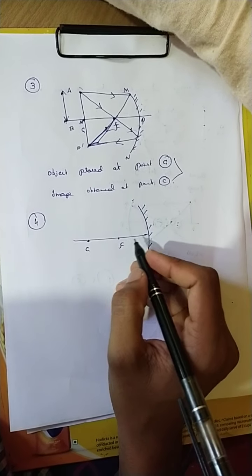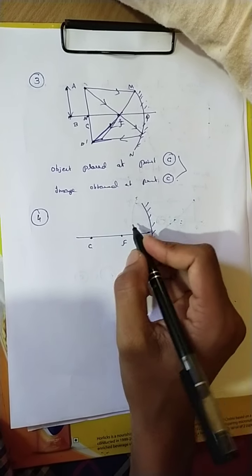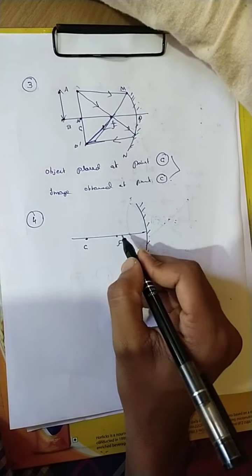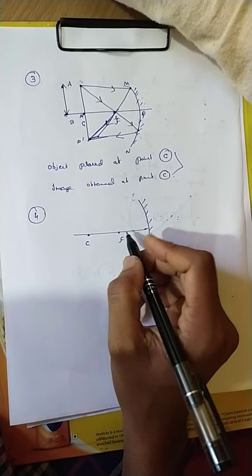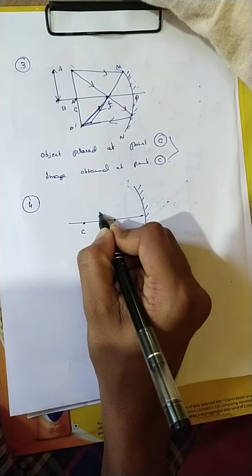Here the object is placed in between C and F. It is point C, it is point F. The object is placed here.